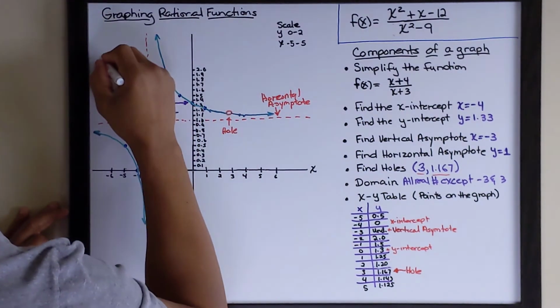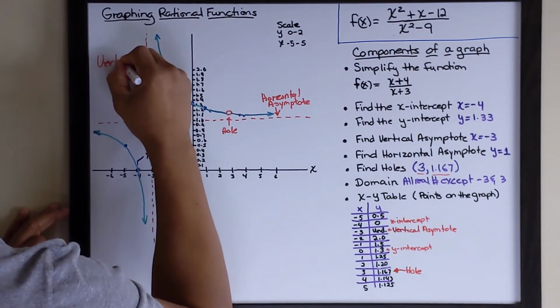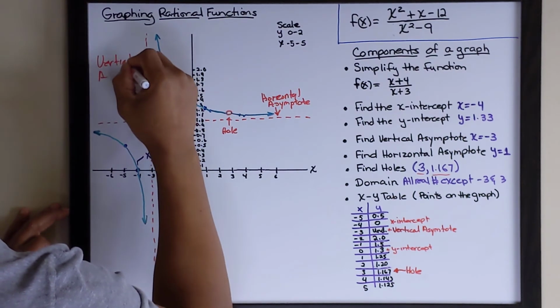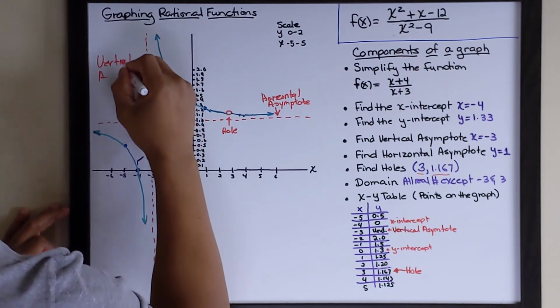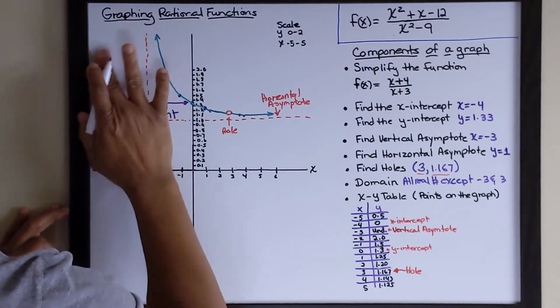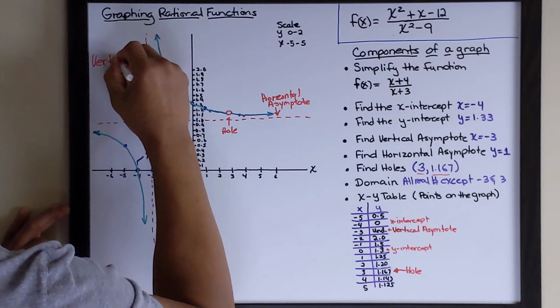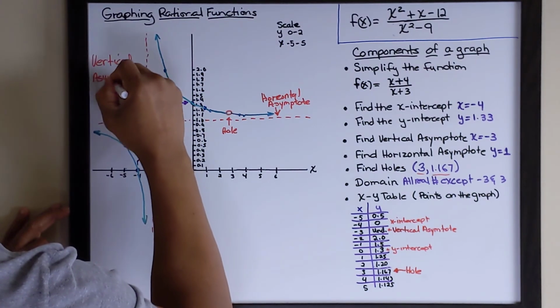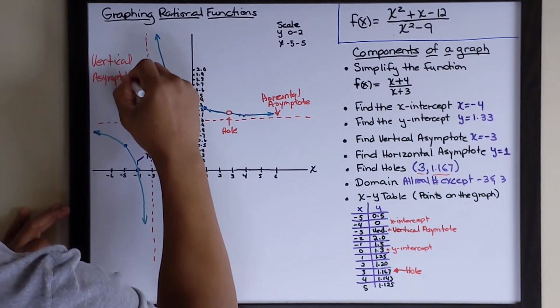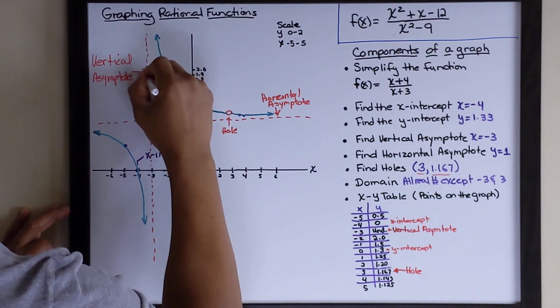And this one is our vertical asymptote. I can't spell. That's an A right there. Start that over. Vertical asymptote. It's that line right here.